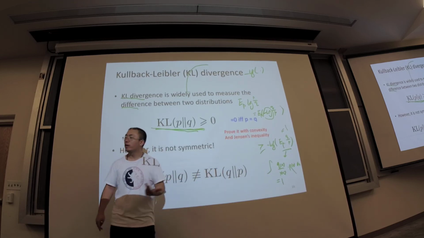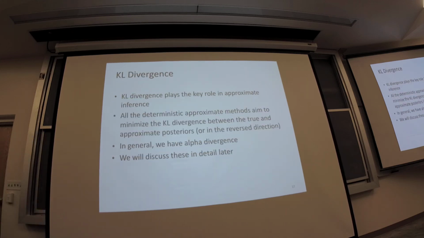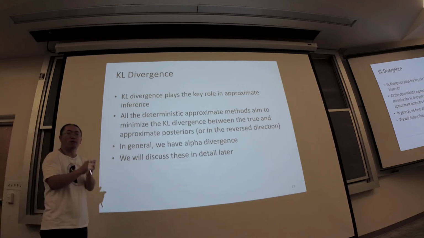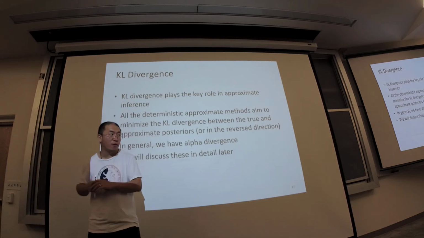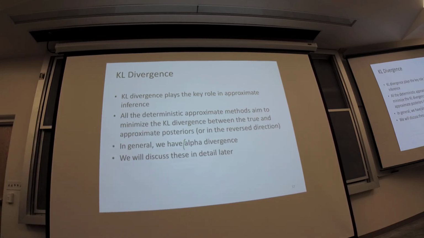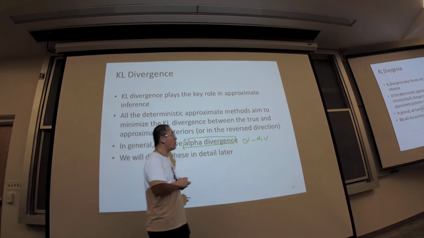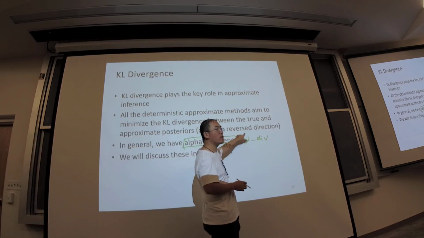And there is a more general definition of divergence, which can also measure the similarity or closeness between two distributions, called alpha divergence. In the alpha divergence definition, the divergence is determined by the choice of alpha.